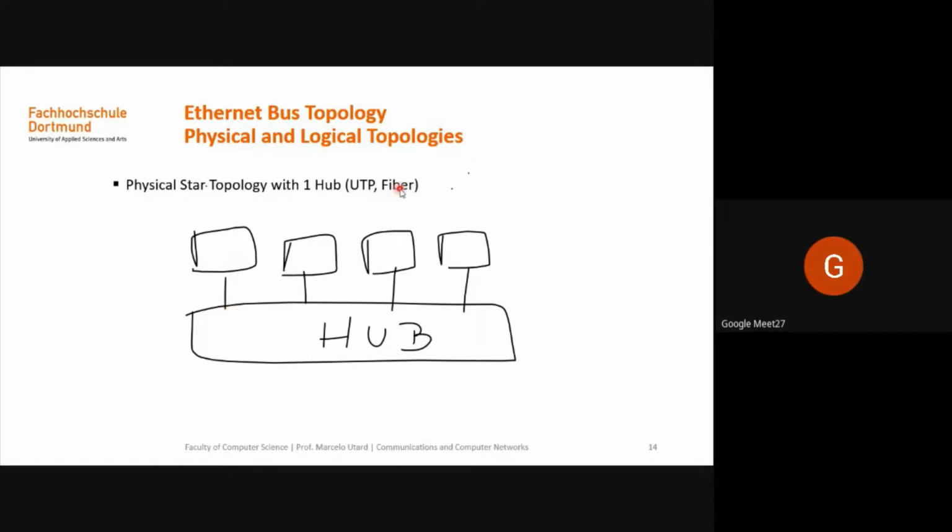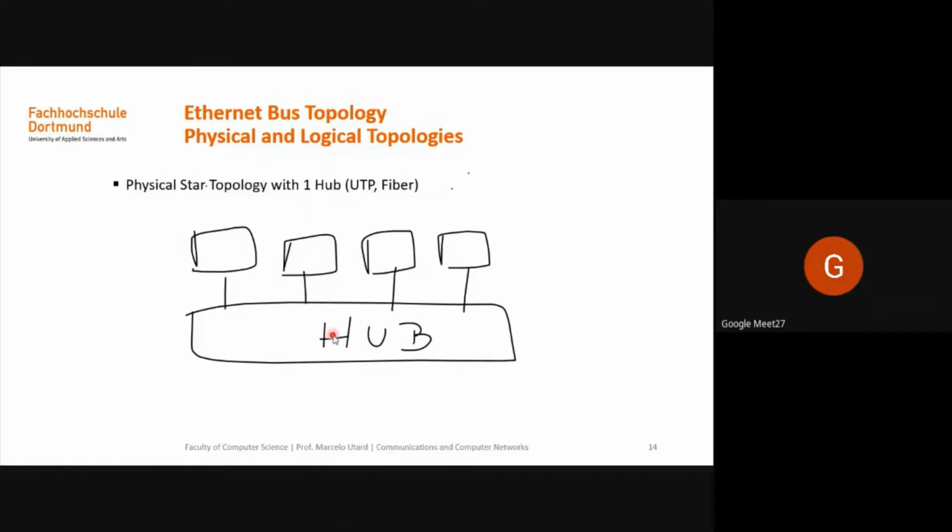In the case of the fiber, we use two fibers, one to transmit from the station to the hub, another one to transmit from the hub to the station. And what the hub performs is a function that transforms this star topology into a logical bus topology.